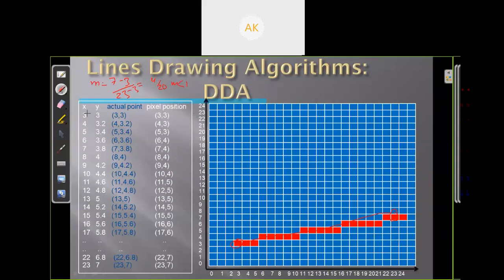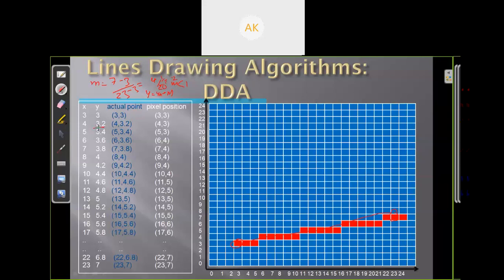So you change x with unit interval: 3, 4, 5, 6, 7, 8, 9, 10. You are changing the value of x in a unit interval, and the corresponding value of y you are finding. The value of y will be y equals yk plus m. What is the value of m? 4 by 20, which is 0.2. So 3 plus 0.2 is 3.2.